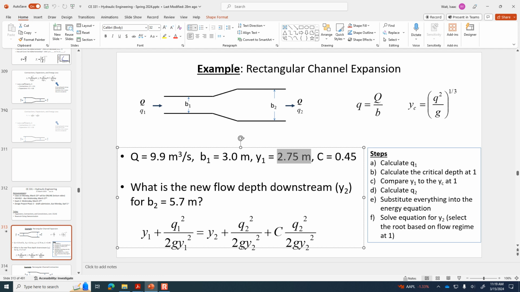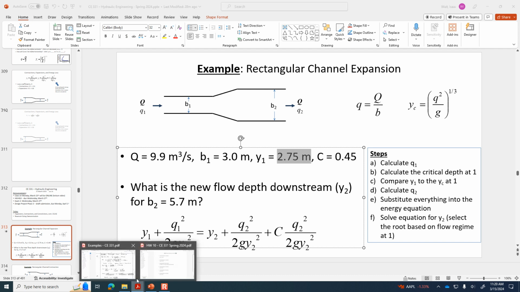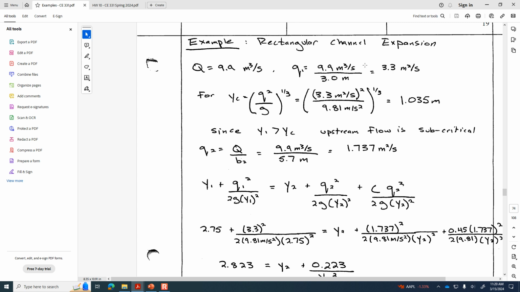The channel getting wider, if you have subcritical flow, will make the depth greater if there's no energy loss. But depending on the magnitude of the energy loss, it could make the depth reduced. So we have to dig into the specifics to know for sure. So here we've got the flow per unit width initially, which we utilize to calculate the critical depth.